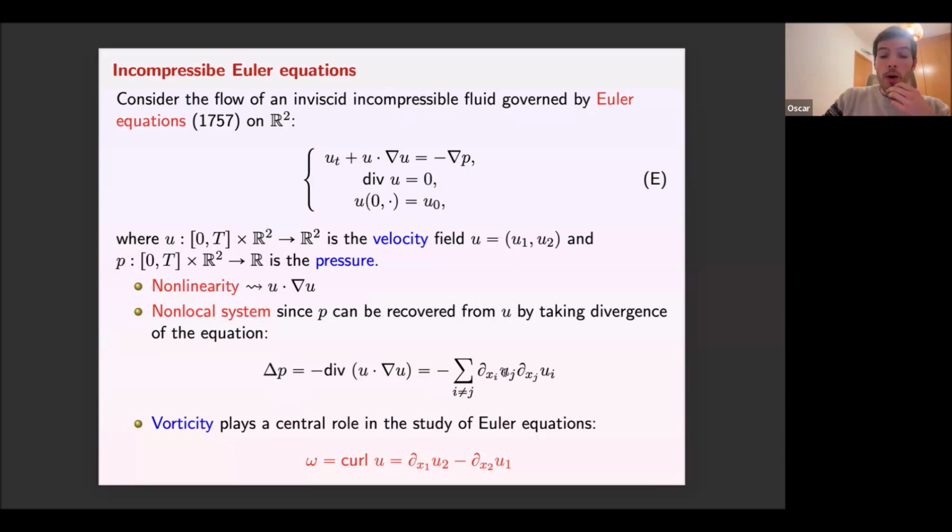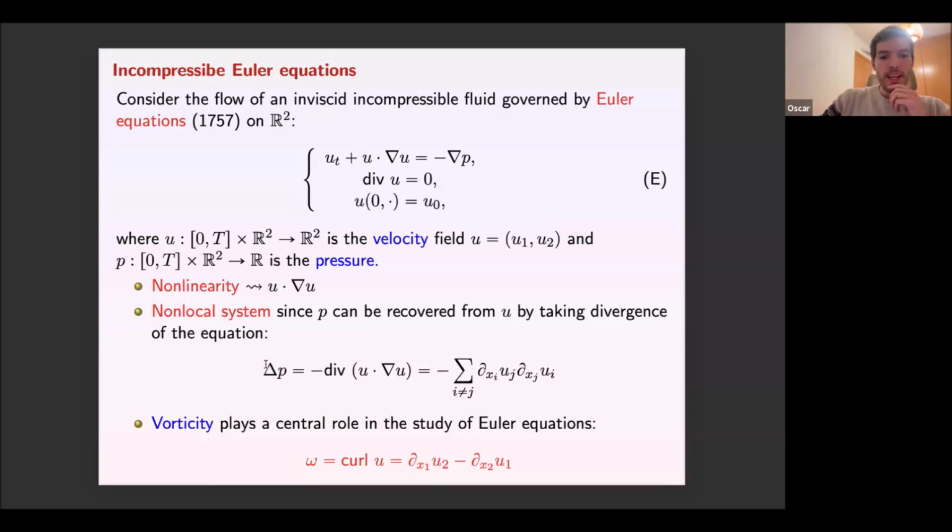Or in other words, one can recover P from U via the action of the inverse Laplacian. And this is a non-local operator. In other words, what is happening close to the origin is also affected by what happens with the fluid very far away from the origin. So this is a challenging feature of this equation.